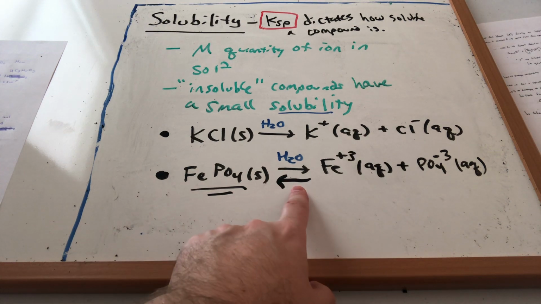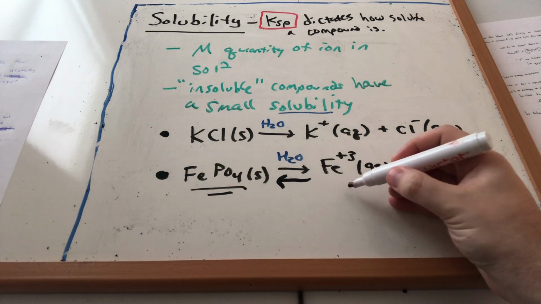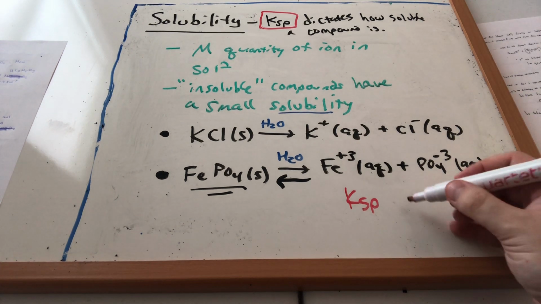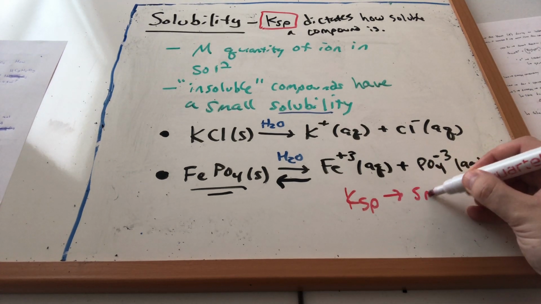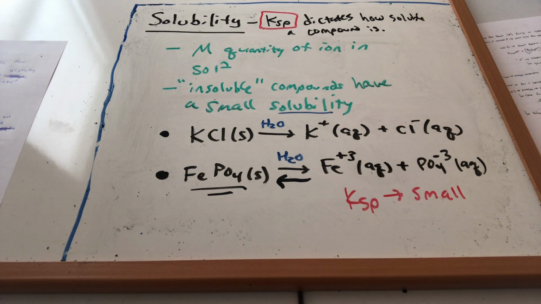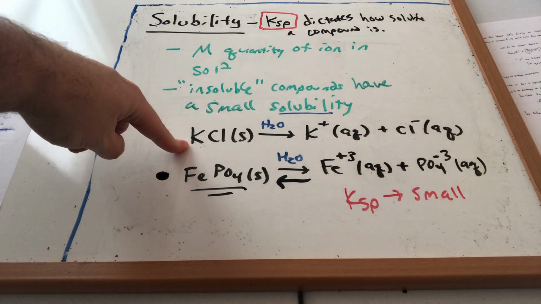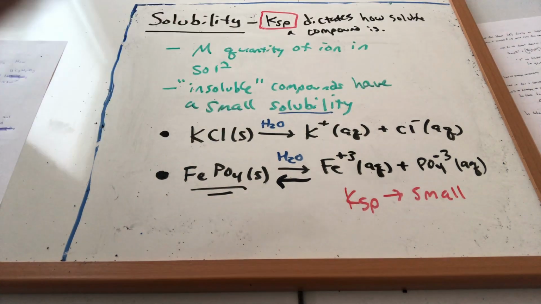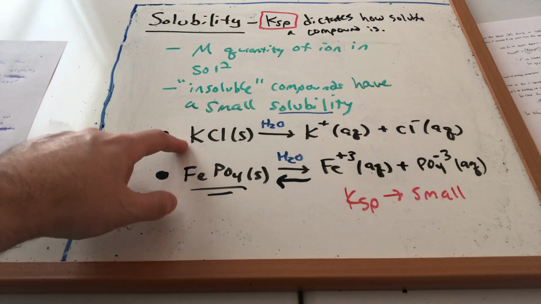So this is an equilibrium, so it has a K associated with it. It's going to have a Ksp. And guess what? That Ksp is going to be small. It's going to favor the reactant side. So we know that some of this comes off, but not a lot, because the reactant side is favored. This also has a Ksp, but it's like a strong acid with a Ka that's so big that we might as well push everything to the right side.